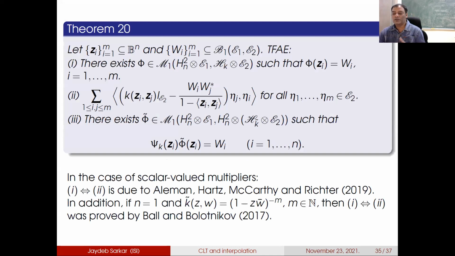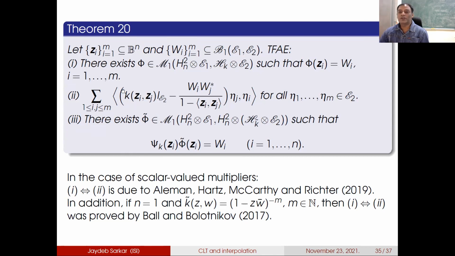And here you can state the interpolation problem in this setting. So you start with Z_i in B_n and W_i in B1 of E1, E2. Then the following are equivalent. First, there exists a multiplier phi of norm less than or equal to 1 from H2n tensor E1 to HK tensor E2, such that you can do this interpolation.